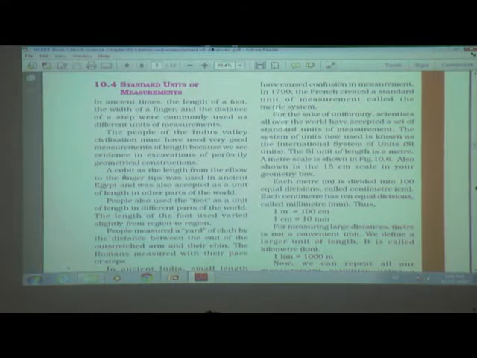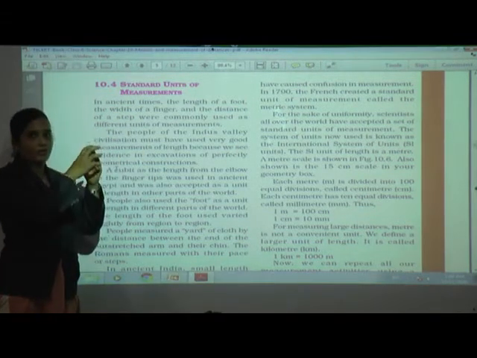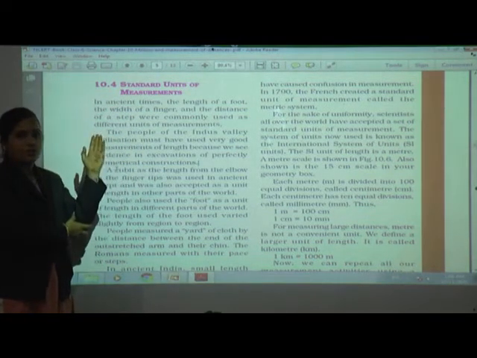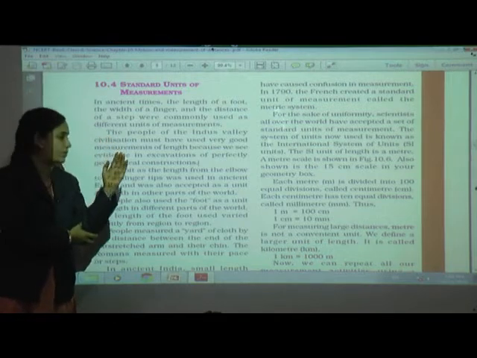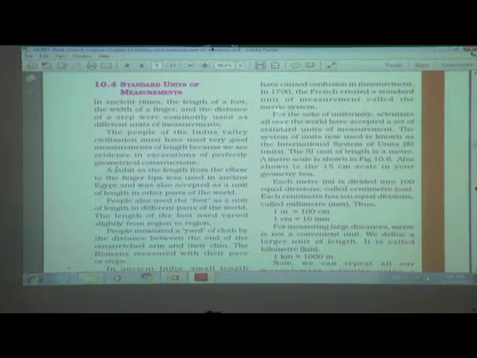A cubit as a length from the elbow to the fingertips was used in ancient Egypt. So students, cubit as a length, that means from elbow to finger, they used to measure the length in Egypt, and was also accepted as a unit of length in other parts of the world.